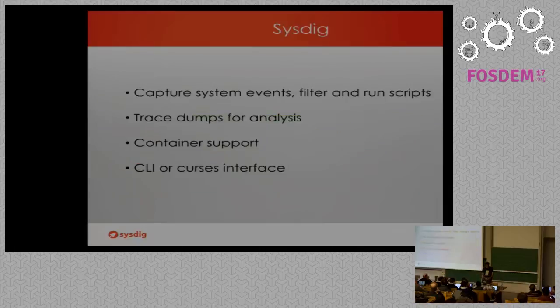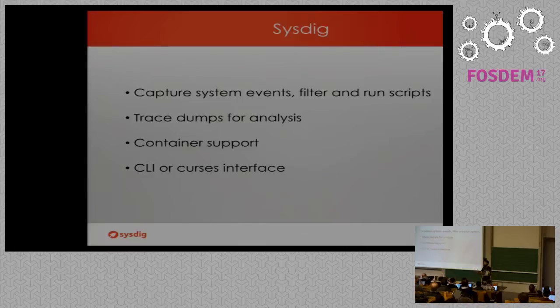So at the end, everything FOSDEM does is capture system events, that is, system calls. We filter them. We can apply all sorts of filters and run scripts to reshape and aggregate them. We can dump things into a file. So at the end, it's like tcpdump for syscalls.